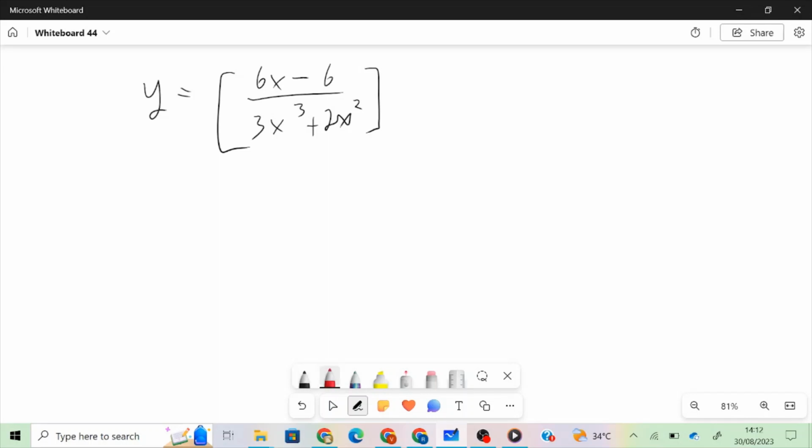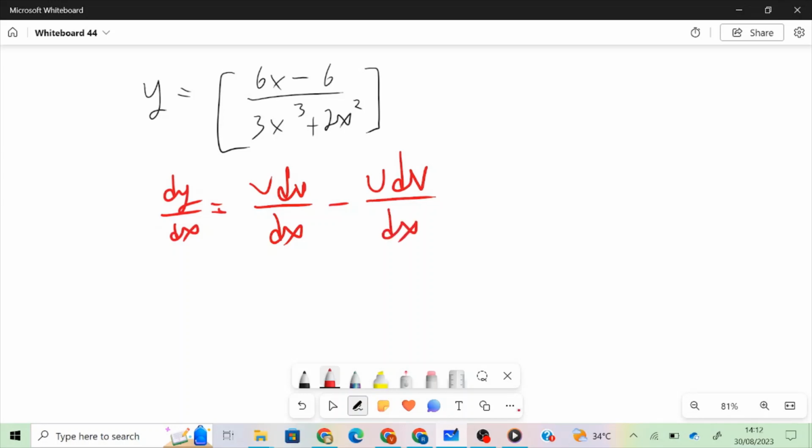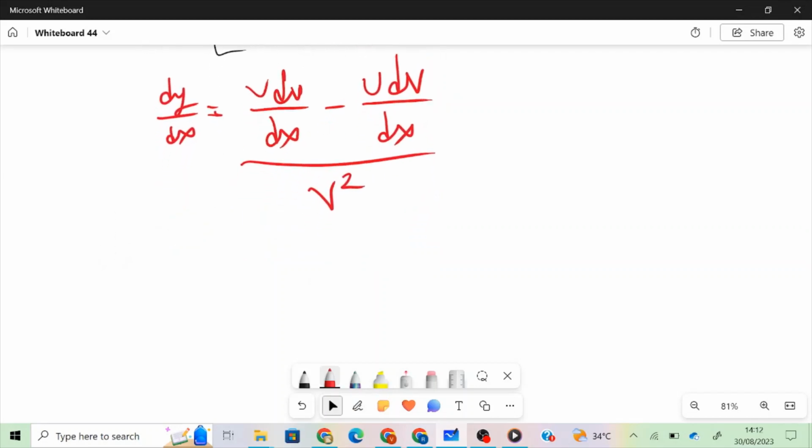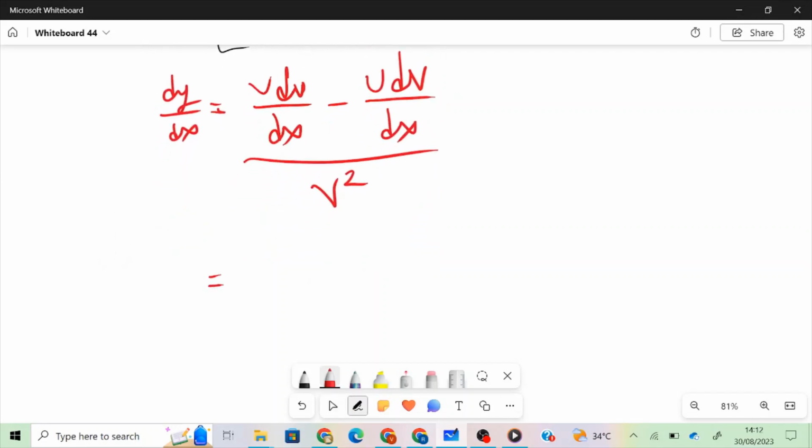So first things first, we write down our formula. dy dx is equal to v du dx minus u dv dx all over v squared. We have our v to be the denominator, we have our u to be the numerator. Now we go ahead and do the necessary steps.